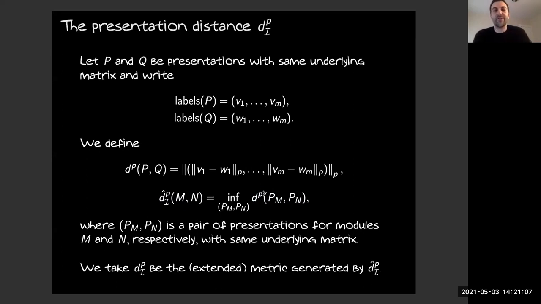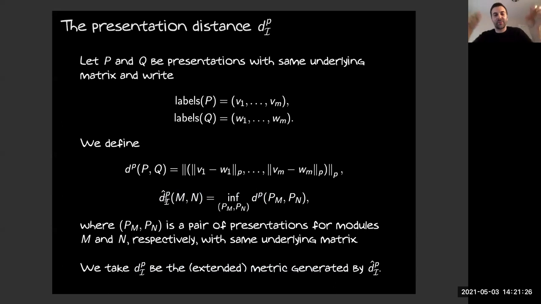And that is some kind of not crazy looking distance between modules. But it turns out not to satisfy the triangle inequality. So we do the obvious hack to this distance to make it satisfy the triangle inequality. We consider the metric generated by this distance that doesn't satisfy the triangle inequality.